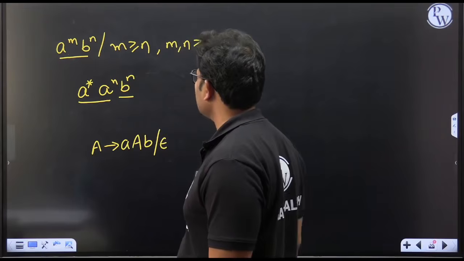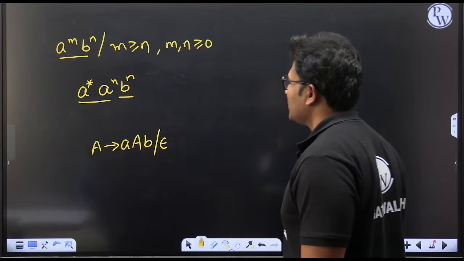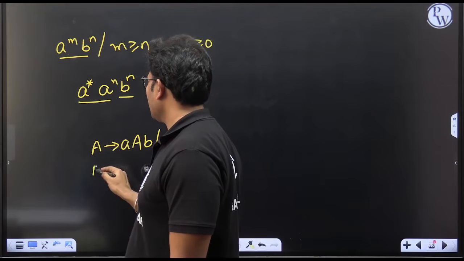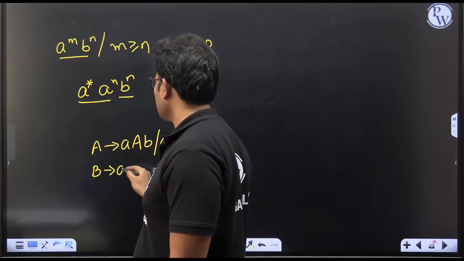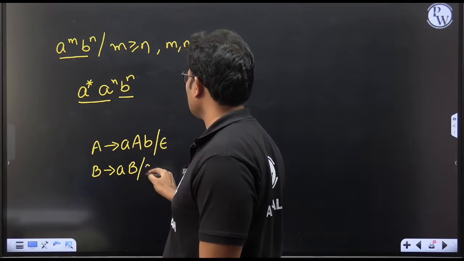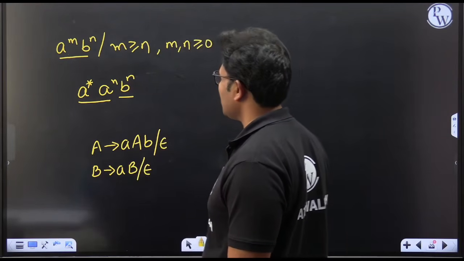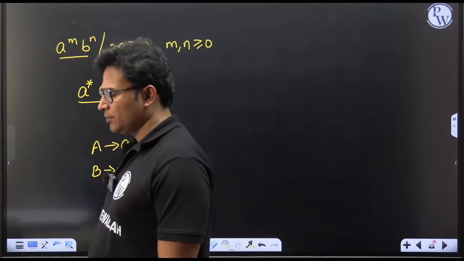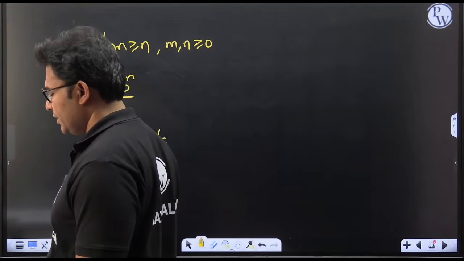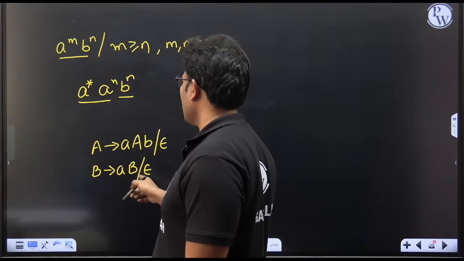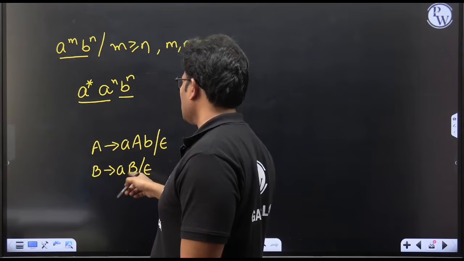Equal number of A's and B's, right? And then you put A star before it. This is going to generate A star.